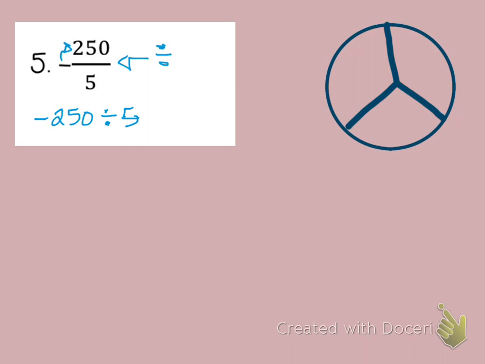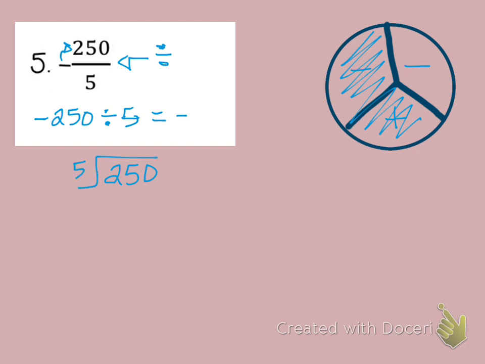So our integer man right here, a negative and a positive, gives us a negative quotient. Now we can just take 250 and divide it by 5. 5 goes into 25 5 times. 0 left over. Bring down your 0. 5 goes into 0 0 times. So our answer is -50.